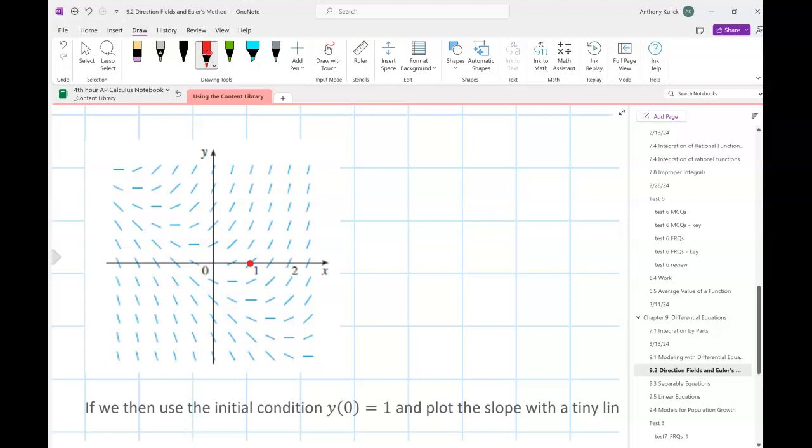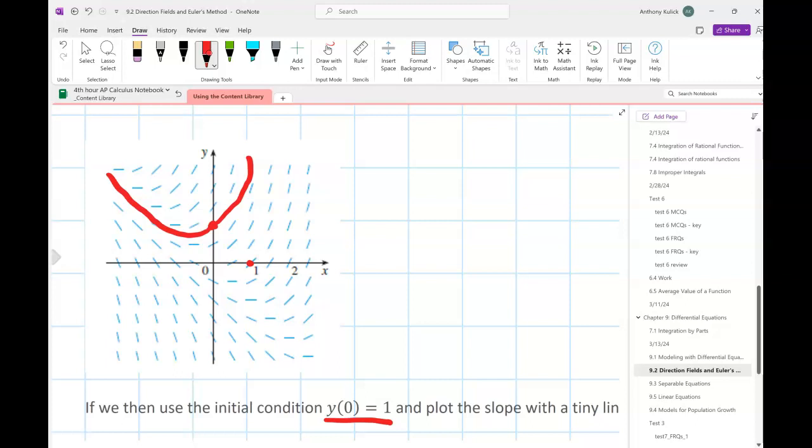Now, let's say we want to use the initial condition y of 0 is equal to 1. So that's the point 0, 1, right? If I want to sketch the solution, I'm going to use the slope field to draw my graph.